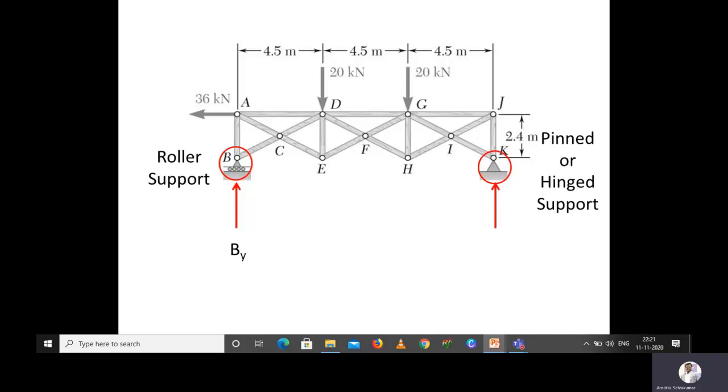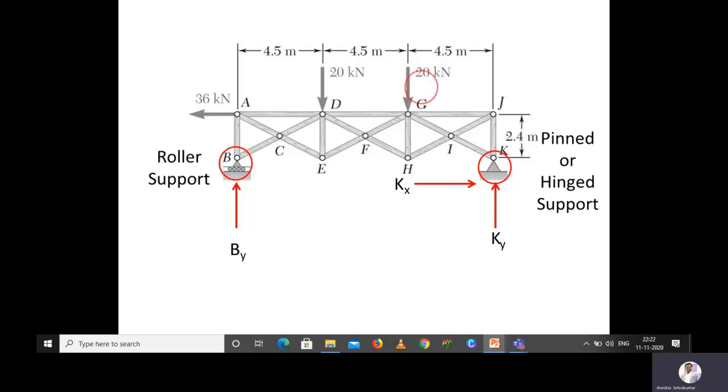One is vertical reaction, that is Ky, and then a horizontal reaction, that is Kx. The directions we are assuming. While we are calculating, if we get a positive value, our assumptions are correct. If it comes in negative values, then our assumptions are wrong.